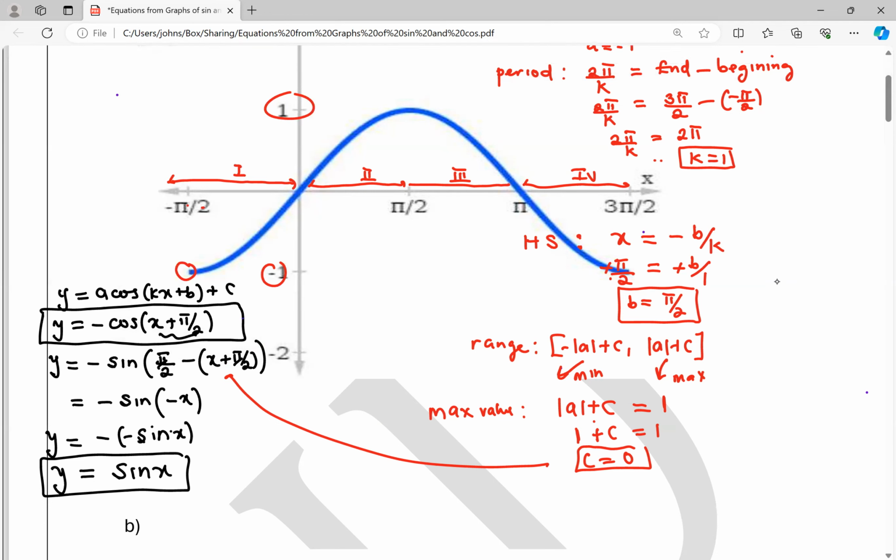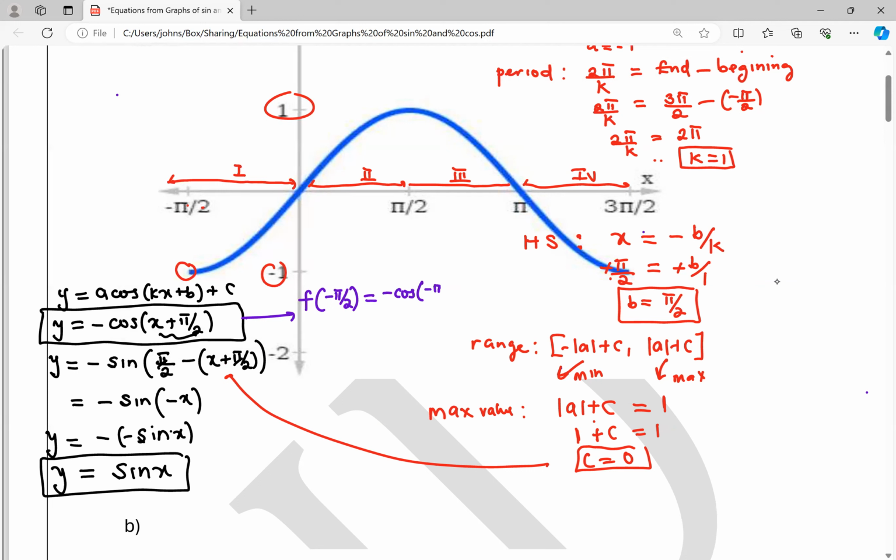So for example, here we can try f of what? We can check what is f of minus pi over 2. And this is going to be minus cosine of what?